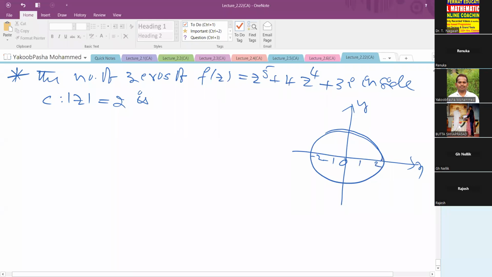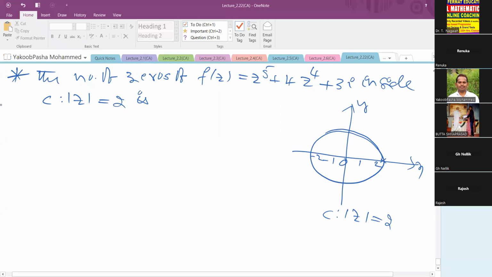This is the radius. Actually it is a polynomial of degree 5. For this polynomial we have 5 zeros. We have to calculate how many zeros exist inside the circle modulus of z is equal to 2.